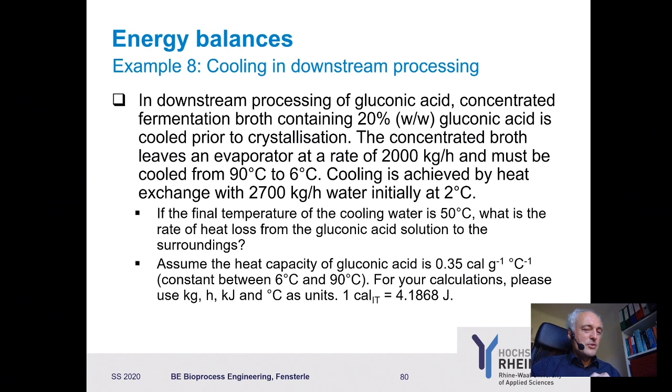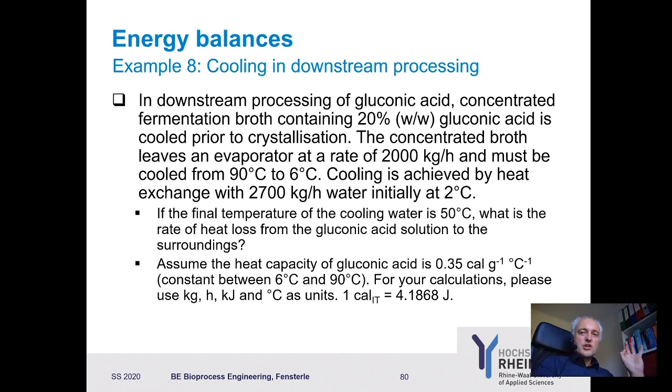So the most important thing here is to adequately set up the flow sheet. It's more complicated here because you have two things. You have your cooling, you have your crystallizer, and you have cooling water getting in and getting out. So there are more heat transfers to do. So of course there are always several ways to do that.